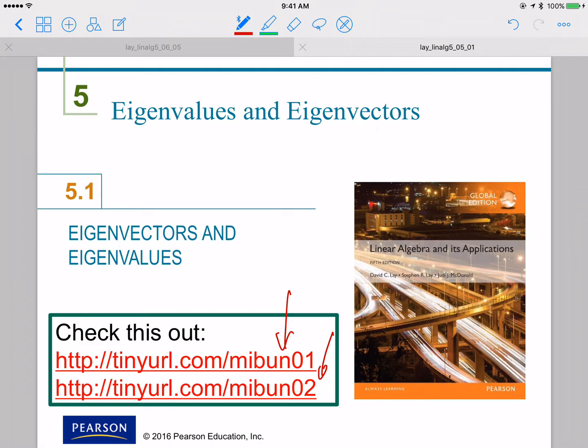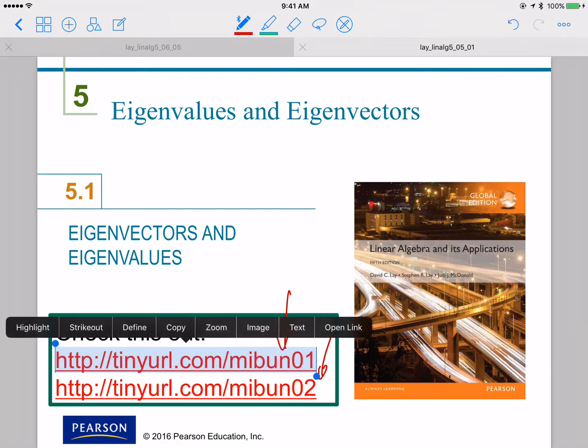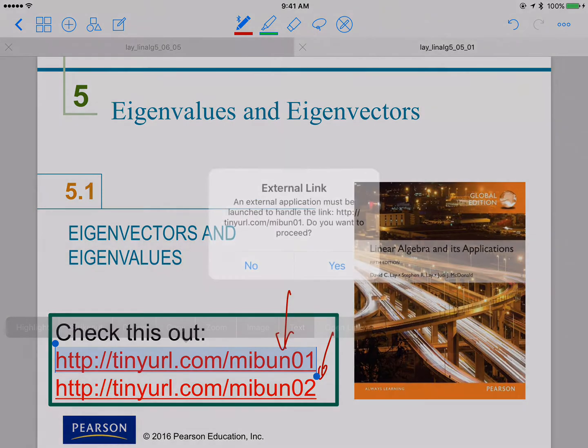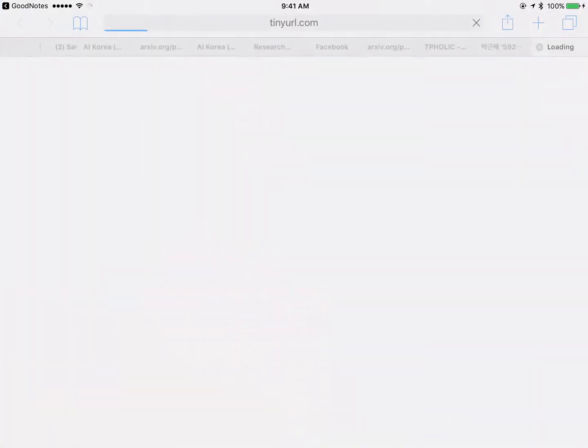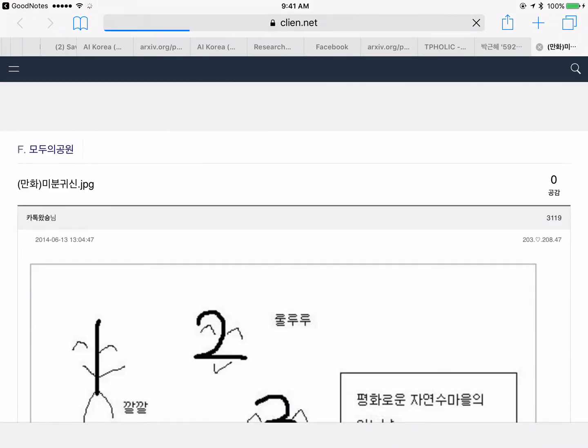Let me briefly give you an explanation about why I put this. The URL itself, I created this URL as a tiny URL.